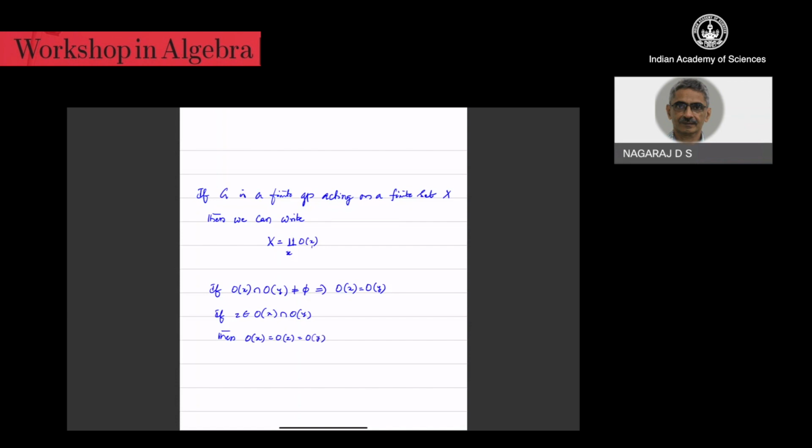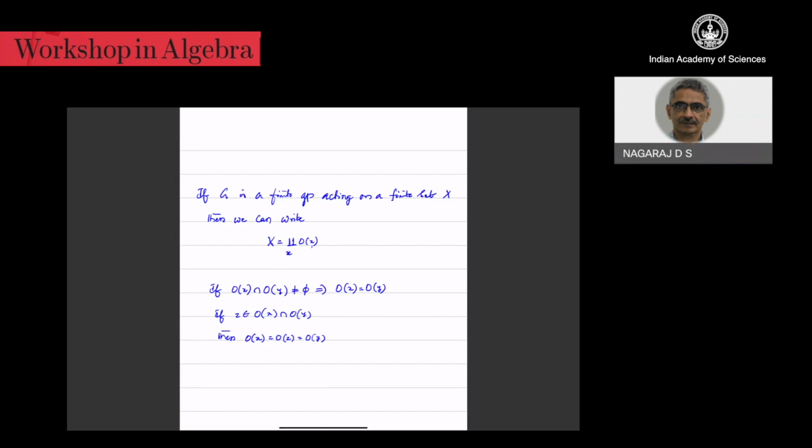So that will say that O_x equals O_y. That's the argument that I had mentioned earlier. So if a group is acting on a set, then I can always write it in this form. That's what we are saying. Okay?